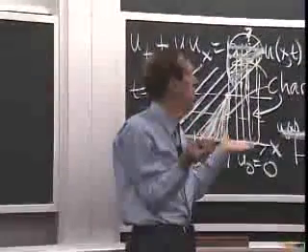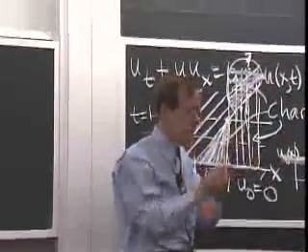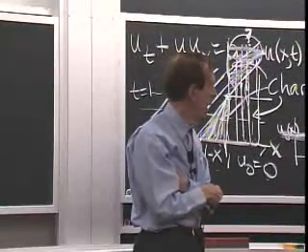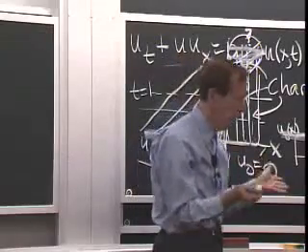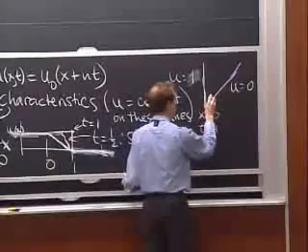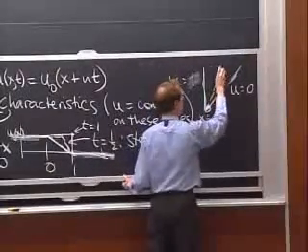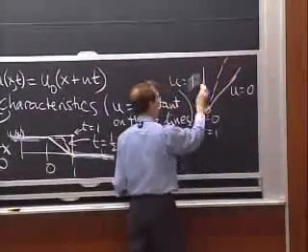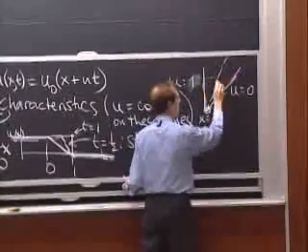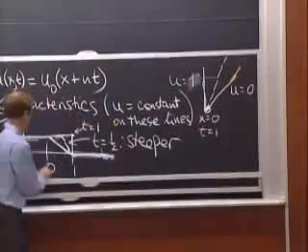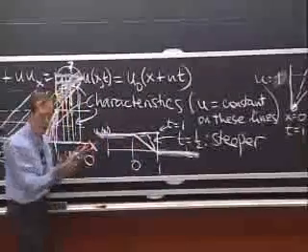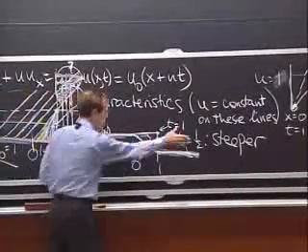You can think of at least 2 possible scenarios. One of those is that there's a shock line that goes, let's say, somewhere in the middle, and so u stays 1 all the way to that line and drops to 0 after it. In other words, this wall of water travels to the right.